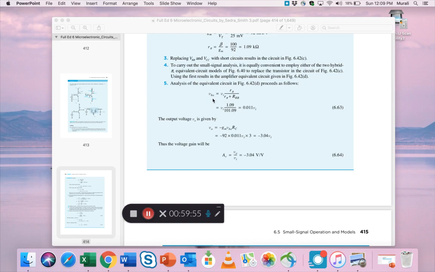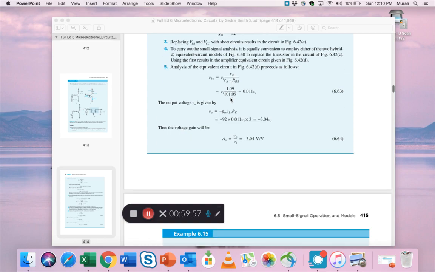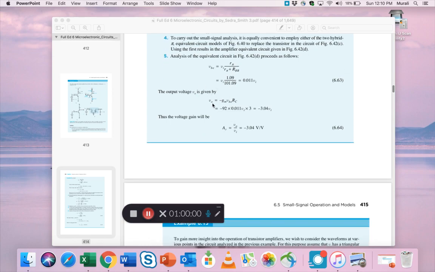VBE is found using the voltage divider formula, and then as a last step he finds VO, or the gain actually, as VO by VI using this formula, right? So there are many formulas to find AV. I'm sure you can think of other ways to find it. You can even use just the GM times, you know, IC, right? That's another formula to find AV.